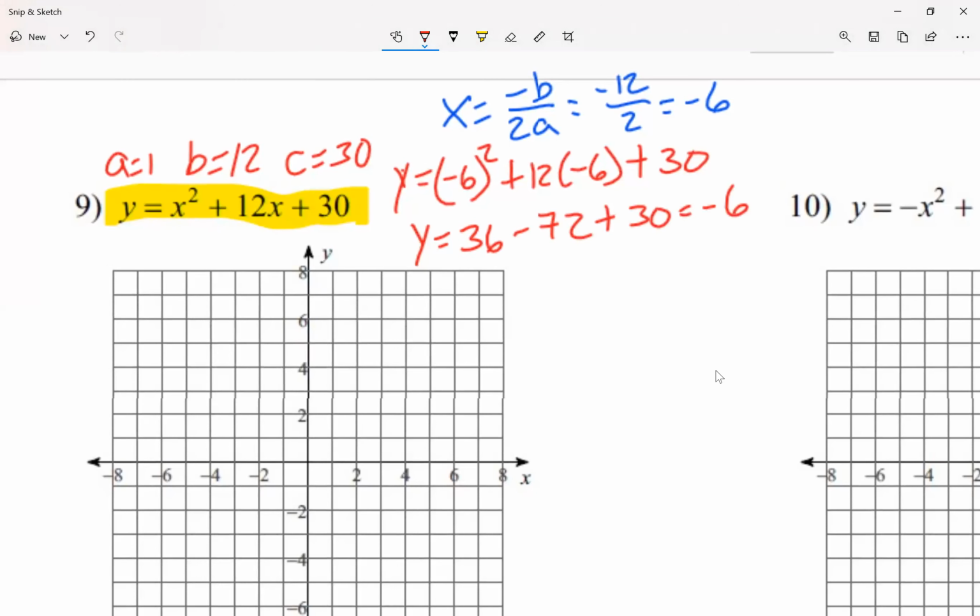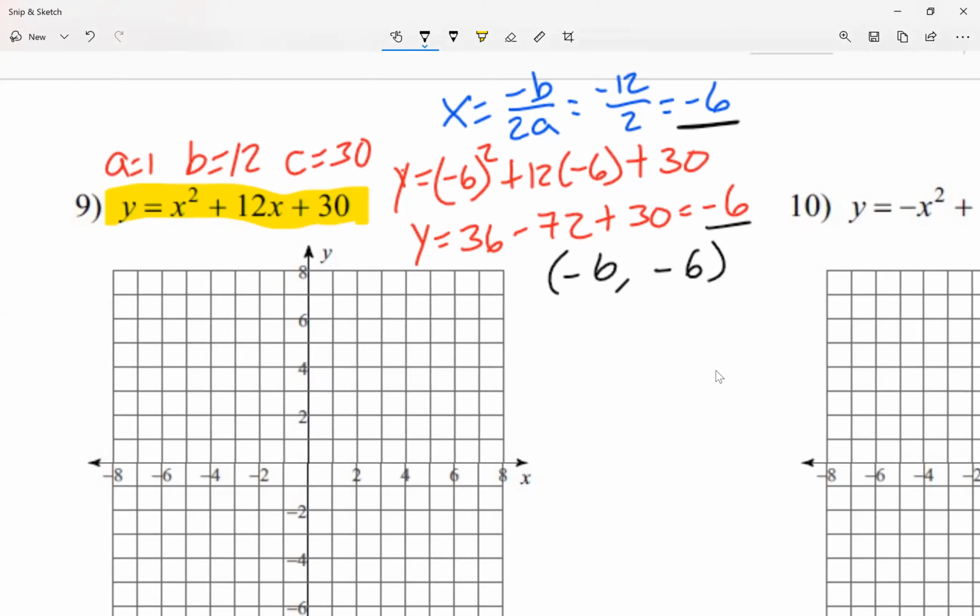So that's going to give me the coordinates, the x and the y value, right? That's what coordinates means. Going to give me the coordinates of my vertex. My x value here, and then my y value here. So my vertex is negative 6, negative 6.